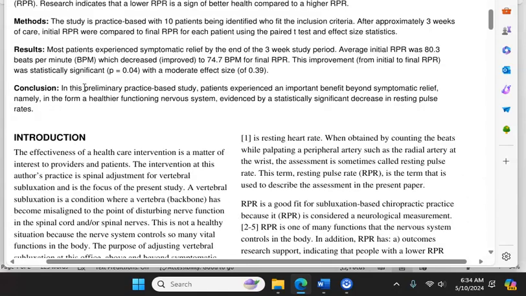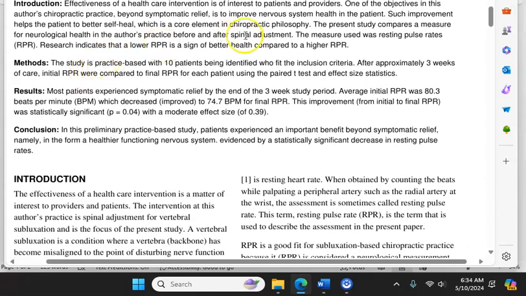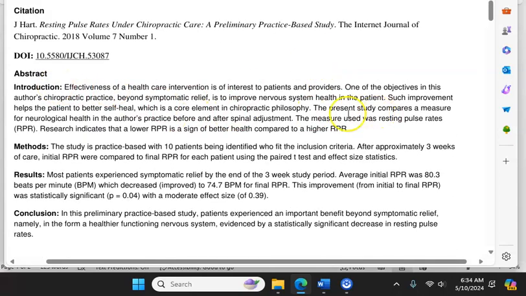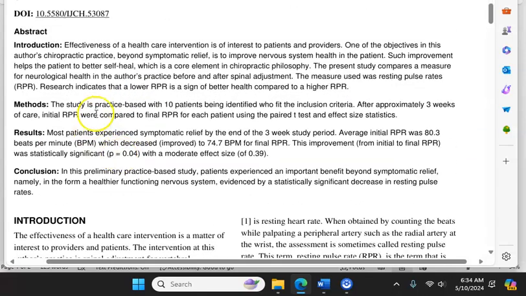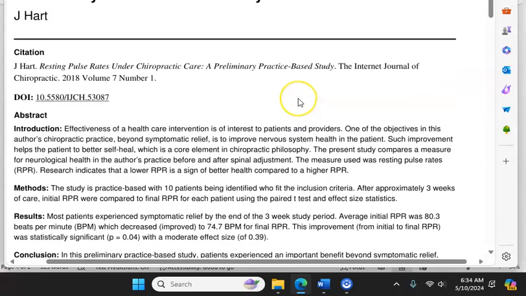And in the abstract, you can sometimes get the purpose there. Here's the purpose. It's comparing a measure of neurological health. That's resting pulse rate can be used for that. And before and after adjustment.